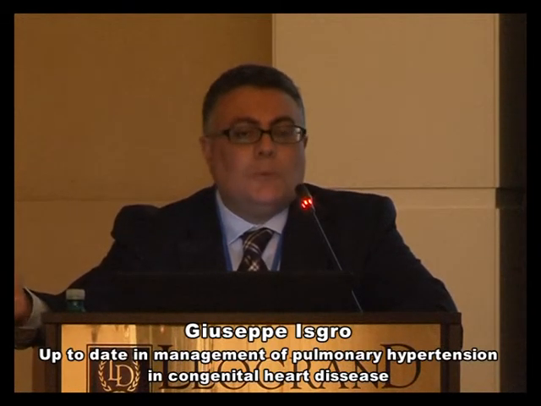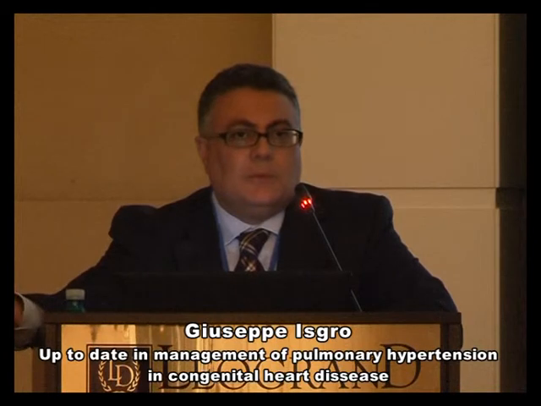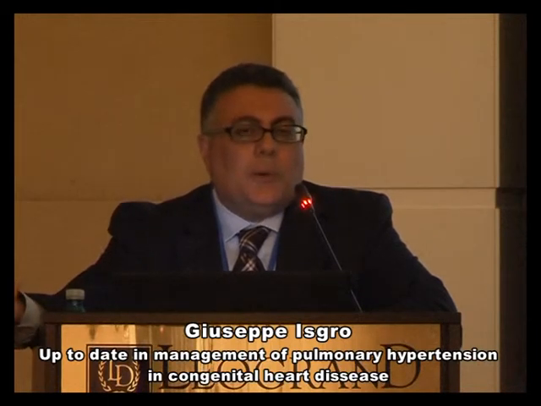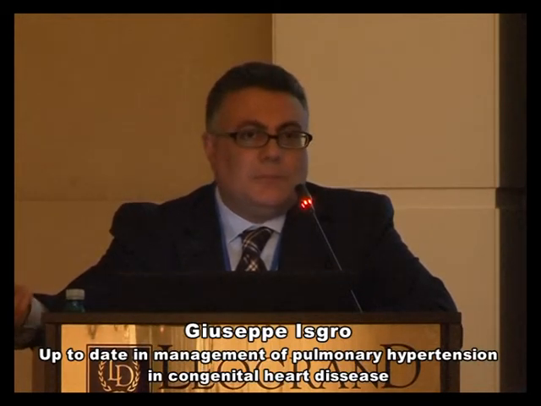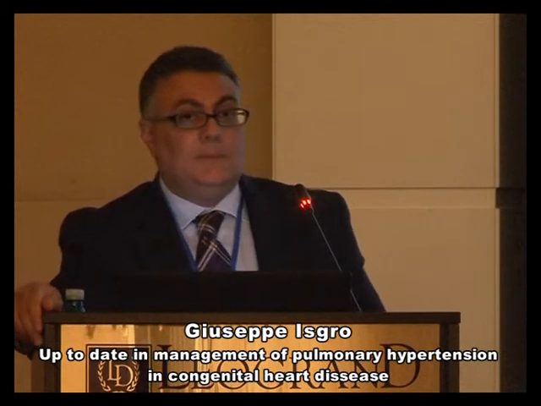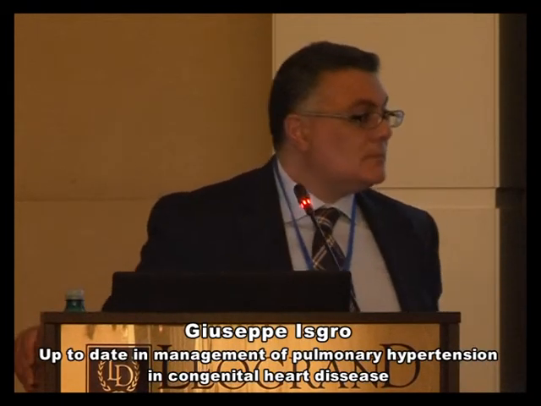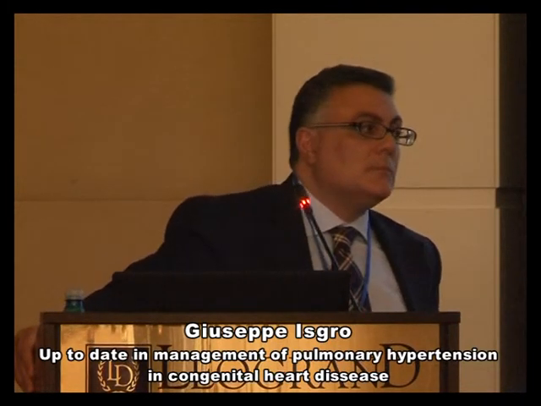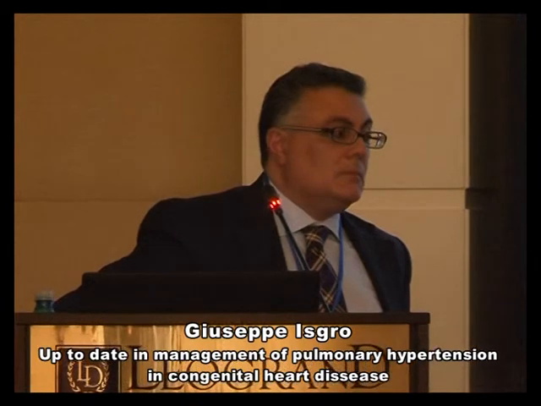So we have to understand the patient. We have to know the patient very well. We have to prevent, but it is not always simple to do. Until 2012, you didn't have sildenafil.